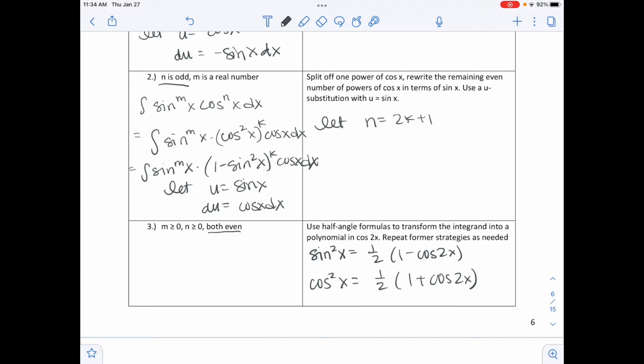And it's sometimes useful to use our double angle formulas. So when you have 2 sine x cosine x, that's the same thing as sine 2x. So some different things to keep in mind.